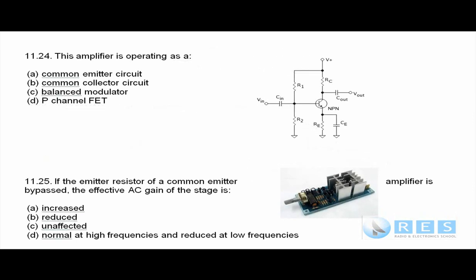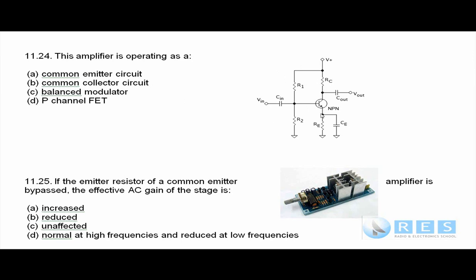Question 1124, this amplifier is operating as... I put a circuit in again. It's only to help you. You're not going to get a circuit like that in the exam. But just to remind you, it's NPN, and that's the arrow symbol pointing out, so never points in, NPN.